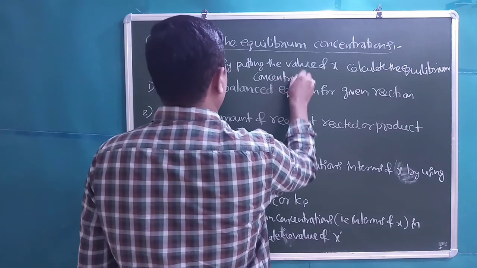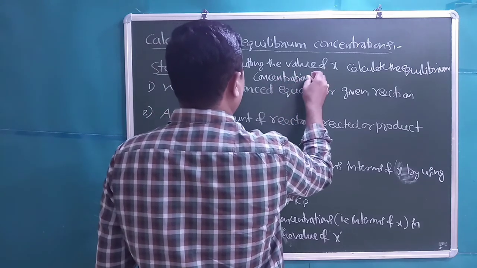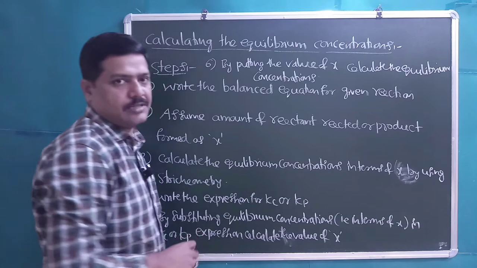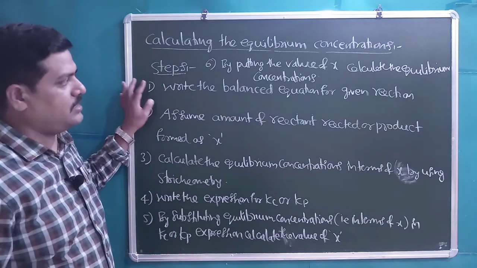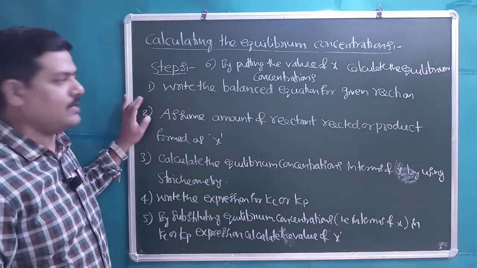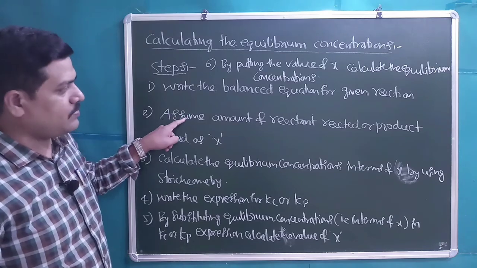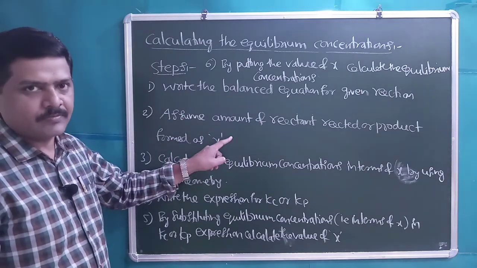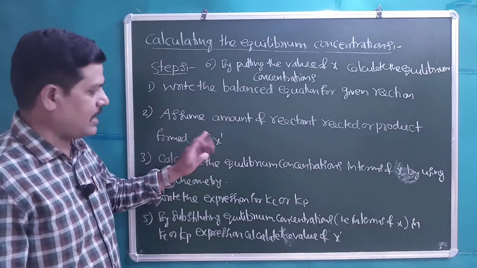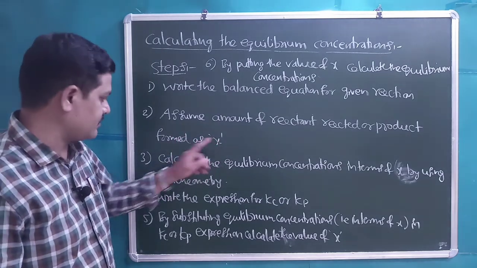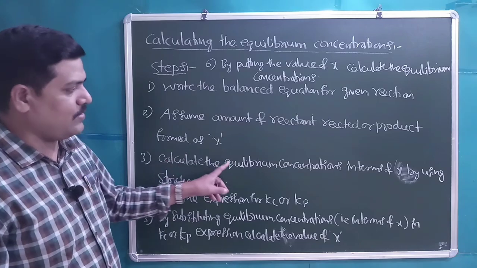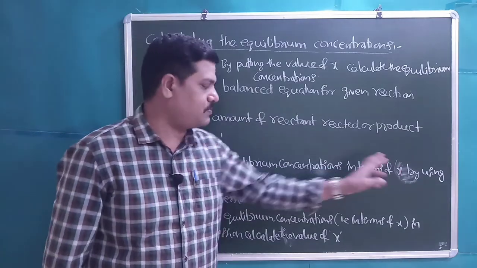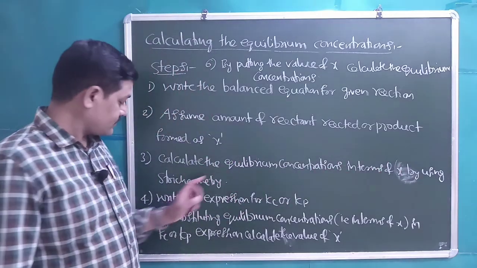Students, these are the steps involved in calculating the equilibrium concentrations. First step is write the balanced equation for the given reaction. Assume the amount of reactant reacted or product formed as X. For an unknown thing, generally we have the habit of assuming it as X. Then calculate the equilibrium concentrations in terms of X by using stoichiometry.